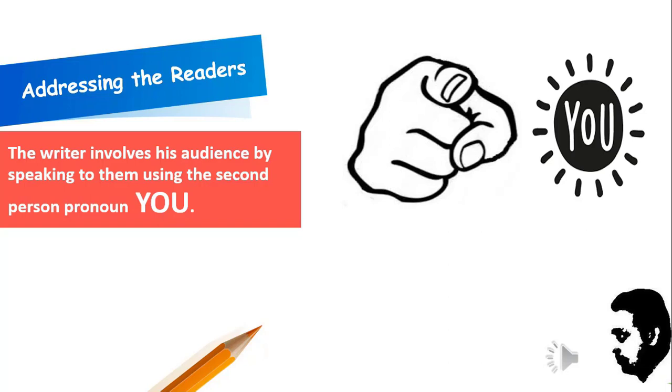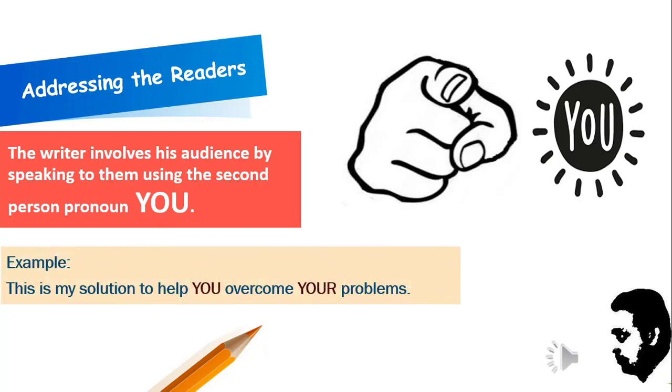Anyway, the writer involves his audience by speaking to them using the second person pronoun, you. Look at the picture here. I think it clarifies what I mean. And here is another example for you. This is my solution to help you overcome your problems.